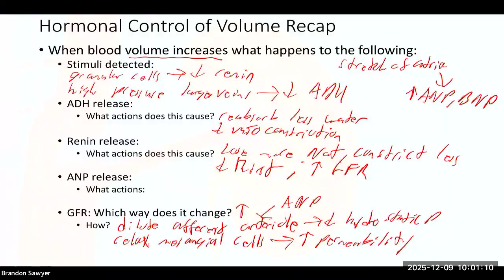ANP contributes to both of these factors here, dilating the afferent arteriole and relaxing the mesangial cells. The easiest way to summarize what ANP is doing is it's pretty much the reverse of the previous slide.